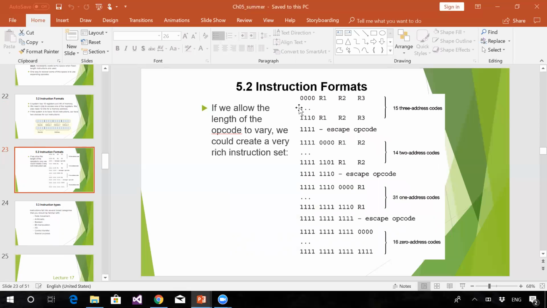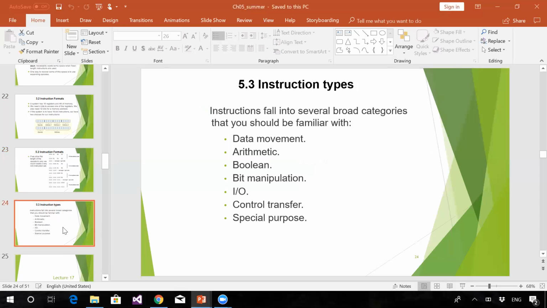For example, in an instruction set, it is possible that the lengths of the opcodes are not the same. And in this way, we can make the instruction set more complex. And the last thing that was mentioned is that instructions fall into several categories.